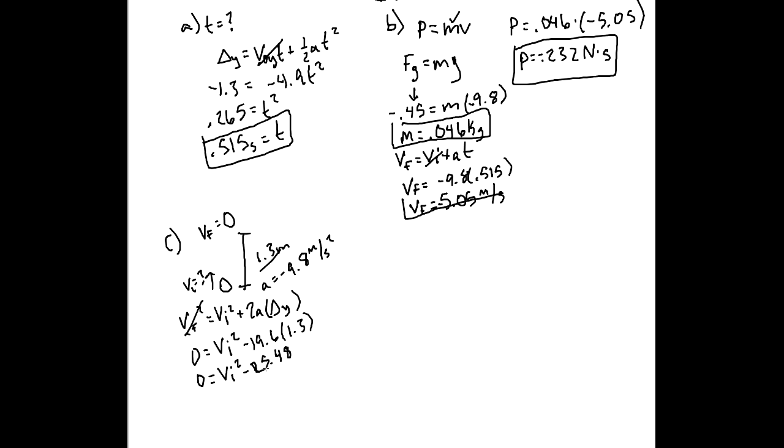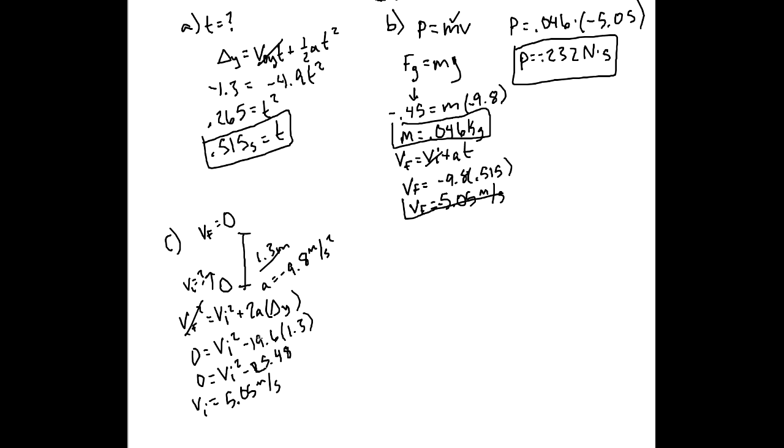Let's actually make that a good looking 2. Add that to the other side, and then take the square root. So the square root of 25.48 gives me, holy cow, look at that. My rebound speed is going to be 5.05 meters per second.